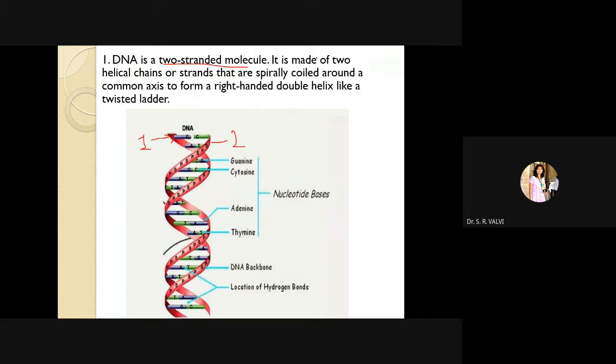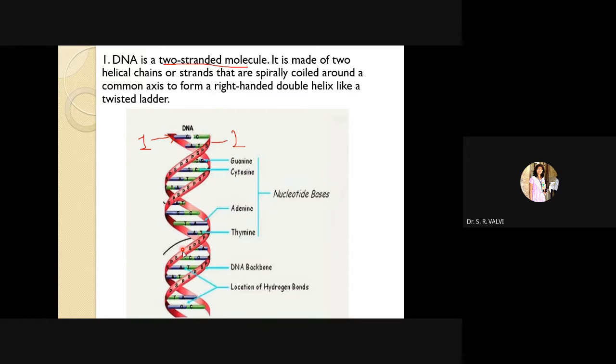So it is made up of two helical chains or strands that are spirally coiled around a common axis to form a right-handed double helix, like a twisted ladder. Let me take the pointer again. Now see here, this is a twisted structure, a helical-like structure, right? Just look at the pointer.